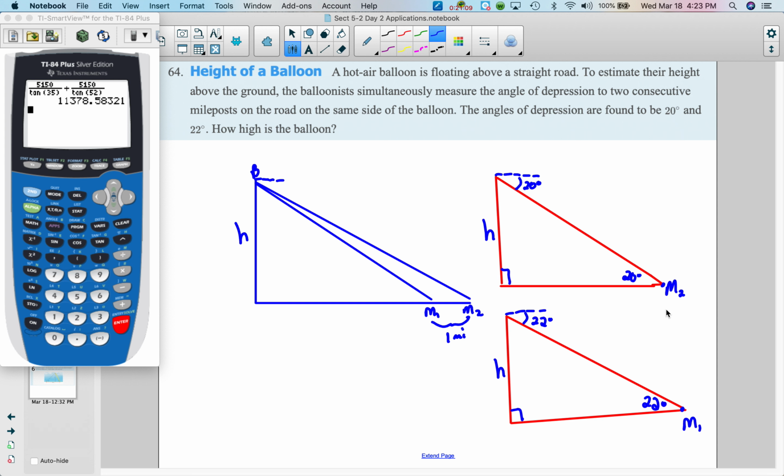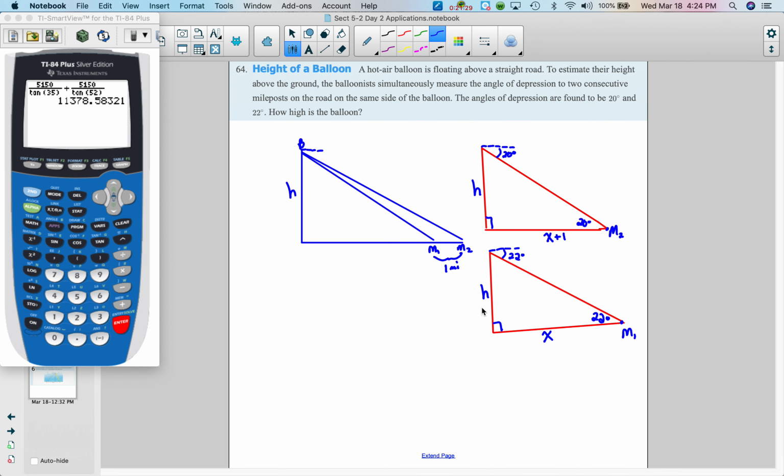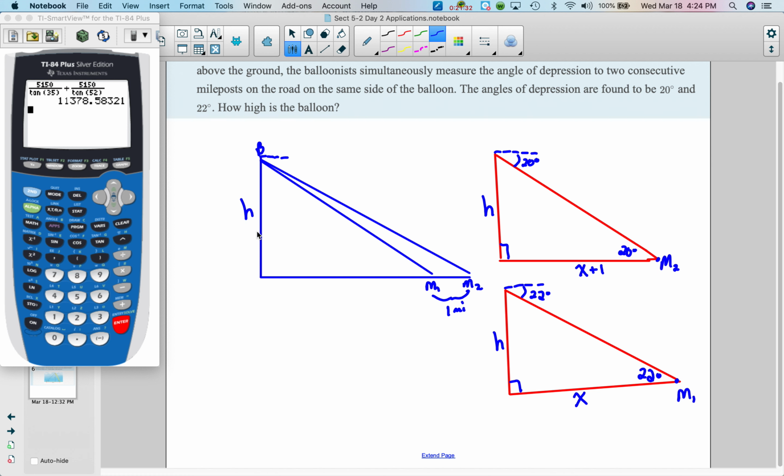So that means if I wanted to call this distance x, then this distance right here would be x plus 1, because it's just one more mile out. So now I have something that's going to be similar to what I did on that last problem, where we will be able to come up with these equations.